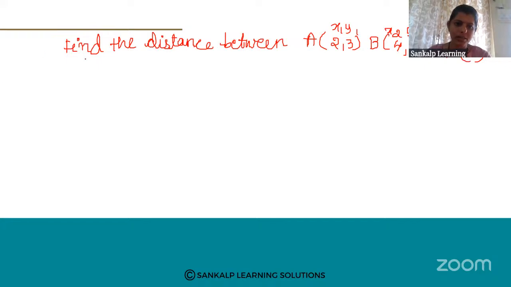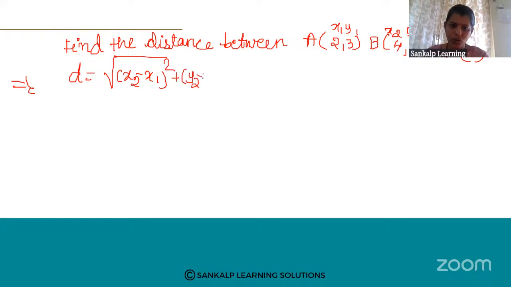Okay, so here we are using the distance formula, that is D is equal to square root of x2 minus x1 whole square plus y2 minus y1 whole square, right?